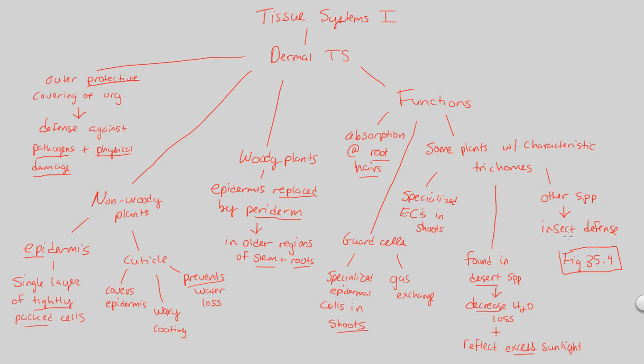So it's a very interesting defense mechanism as a part of the dermal tissue. So remember, dermal tissue is on the outside of the plant, and it's a protective covering that is very good at its job because of these functions and the non-woody and woody distinction that we established.